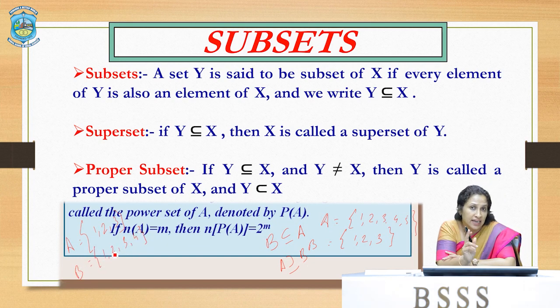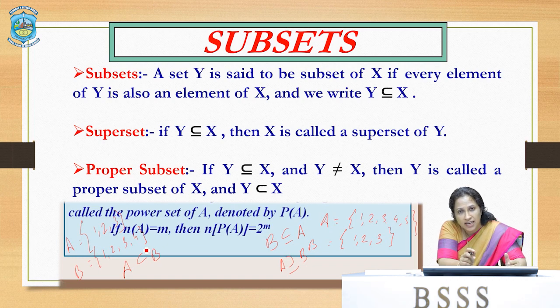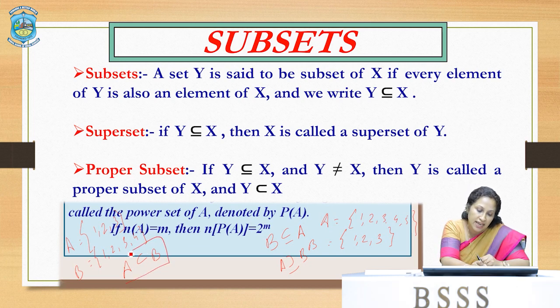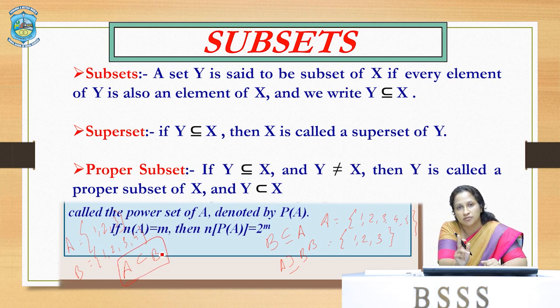Now, you tell me whether A is a subset of B or A is a proper subset of B. In this case, we can say A is a proper subset of B. The reason being, all the elements of A are there in B, whereas there are a few elements in B which are not in A.